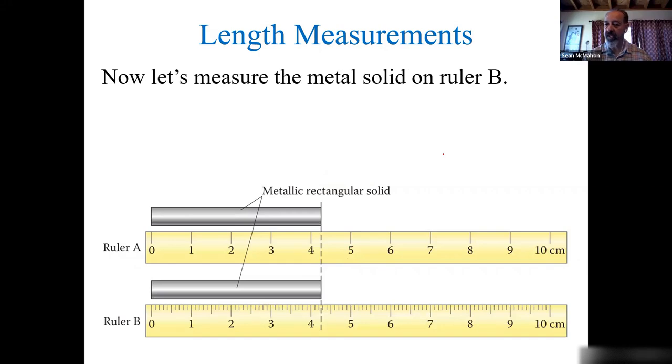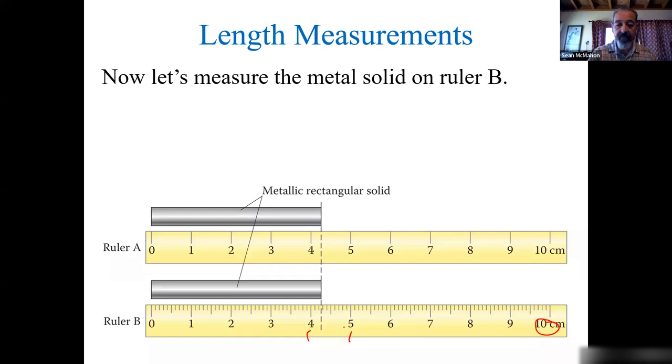Now, with this next ruler, it's still measuring 10 centimeters. However, the ruler has greater precision. Why does the ruler have greater precision? Because now, if I notice between the 4 and the 5, there are 10 graduations, right? 1, 2, 3, 4, 5, 6, 7, 8, 9, 10.